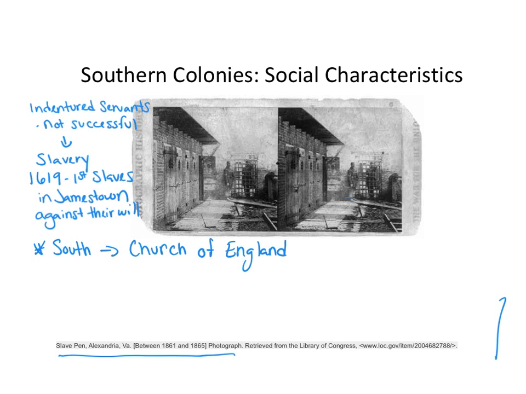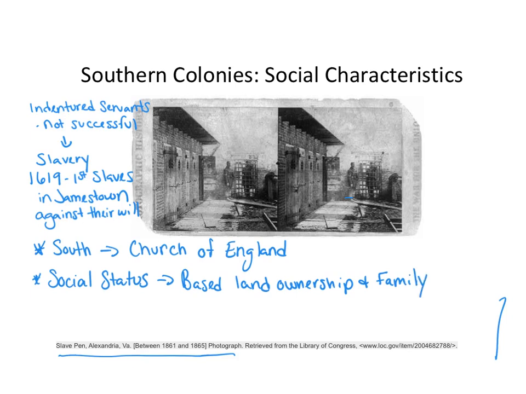In addition to that, your social status in the South was based on land ownership and family. So again, who was your family? How were they tied to England? Just to reiterate that strong tie to England.